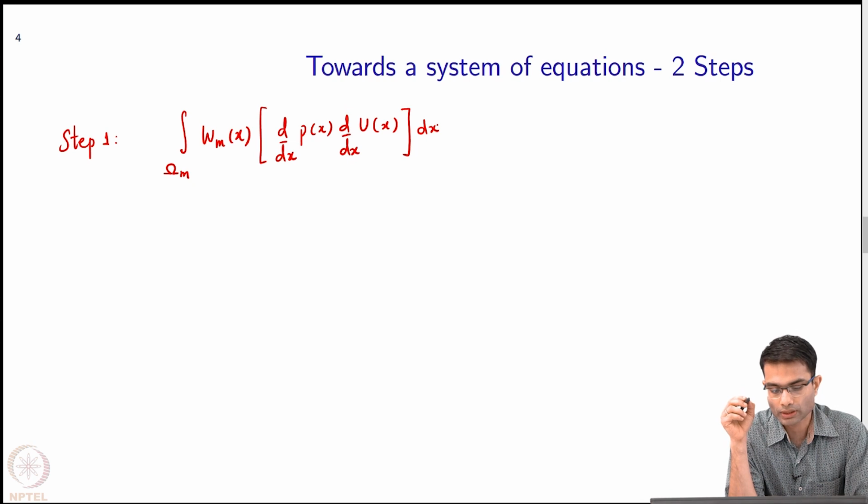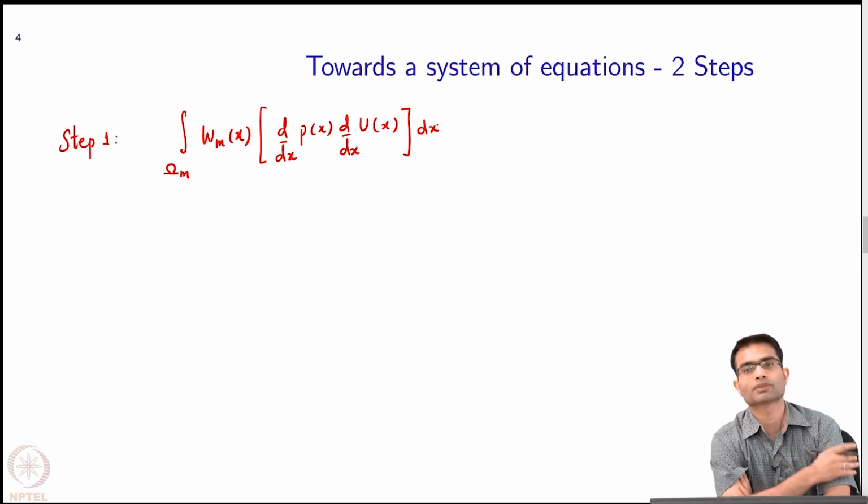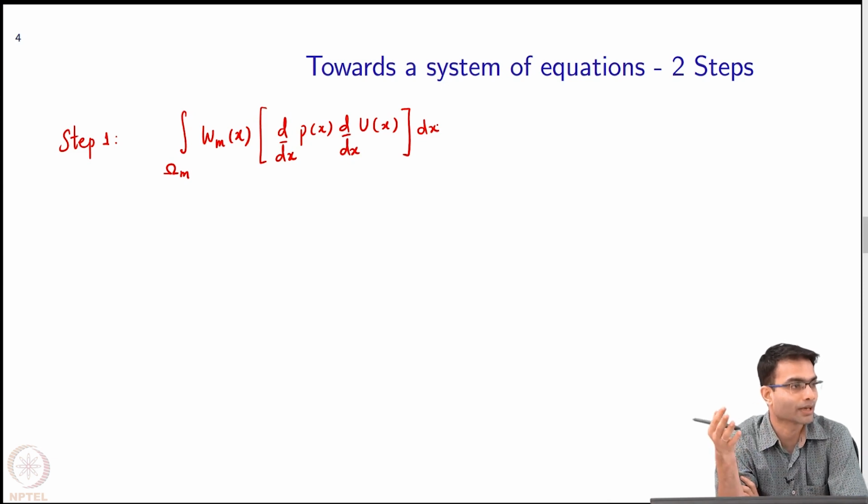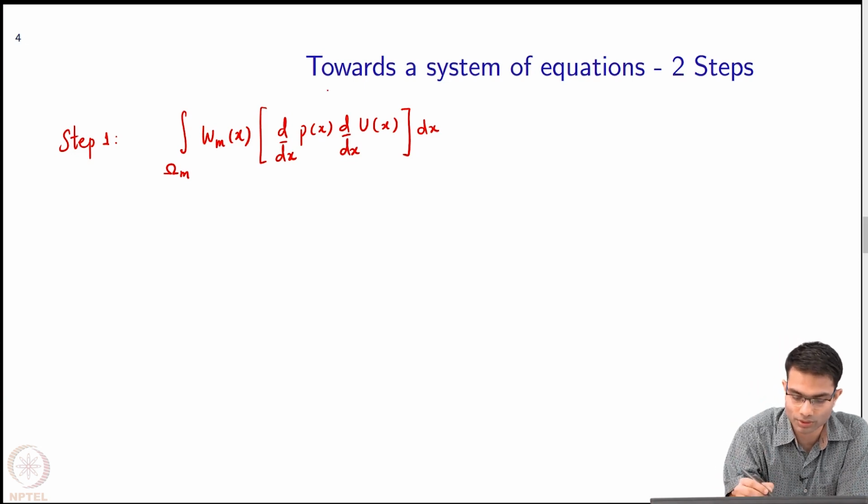Looking at this, is there some simplification you can think of? Because right now if I open this up, what am I going to get? I am going to get a derivative of p and a second derivative of u, right. Second derivatives are of course, given a choice, you would rather not deal with higher order derivatives, better to deal with lower order derivatives. So, looking at this form, what does it tell you?